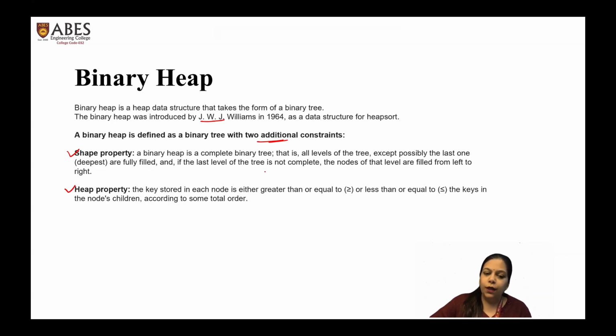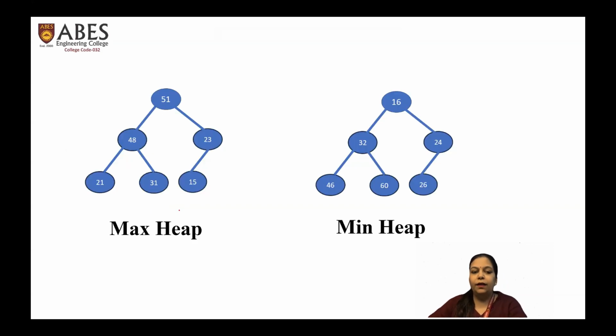And according to the heap property, the key stored in each node is either greater than or equal to or less than or equal to the keys in the child nodes. Depending upon the heap property, the binary heaps have been divided into two parts. One is called max heap and another one is called min heap.